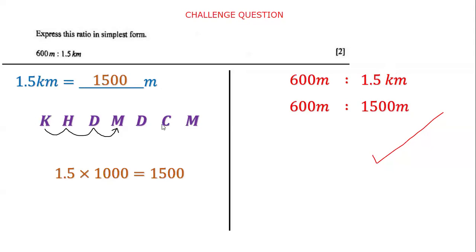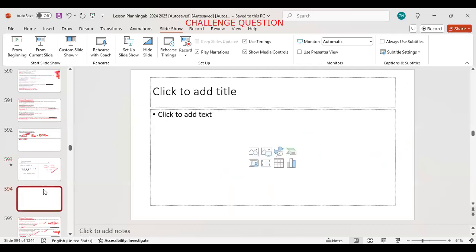But basically, the key here is making sure that you convert the kilometers into meters, and then simplify it from there. All right, so if you just want to memorize something, 1,000 meters is 1 kilometer.